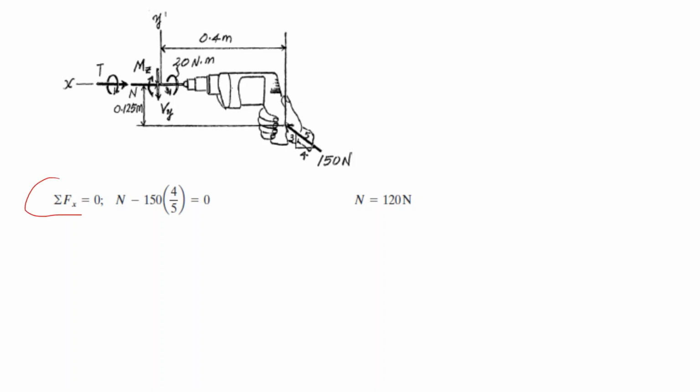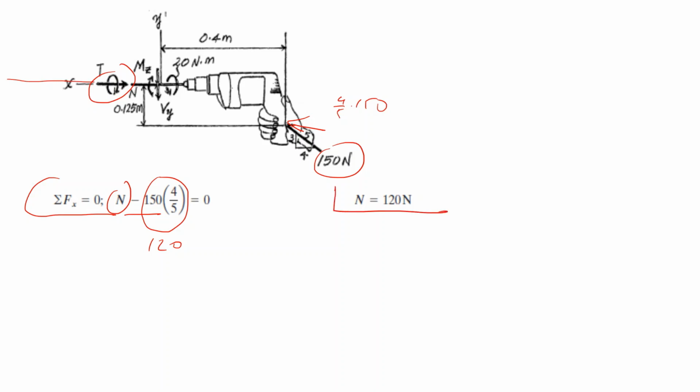First in the Fx, in the x direction, we have N, and we have the component of 150, that's 4/5 times 150, N minus this value, that's 120, is equal to 0, N is equal to 120 newtons.